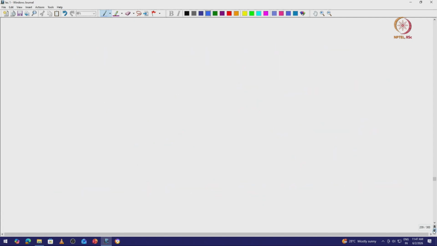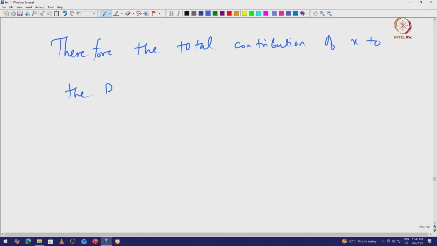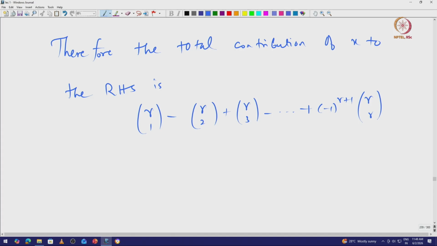So, therefore, the total contribution of x to the right hand side of the formula that is given in this theorem is exactly R choose 1 minus R choose 2 plus R choose 3 minus etc. plus minus 1 power R plus 1 R choose R. Okay, so this is the contribution that we are getting.